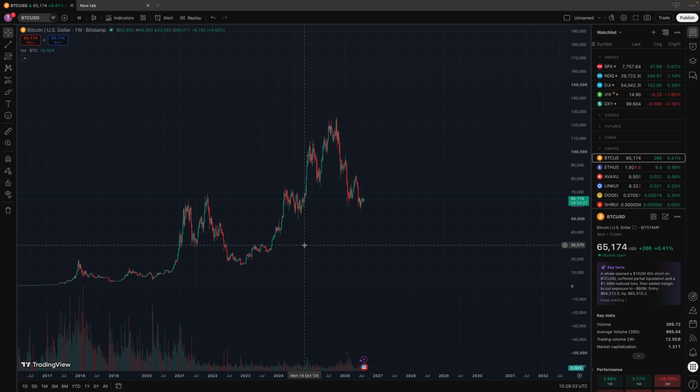So now that I've shown you a few levels of support, I also want you guys to understand that support is never usually a single number. I have seen times where the chart has come down to almost the same number to the exact cent, but for the most part, it's a range.